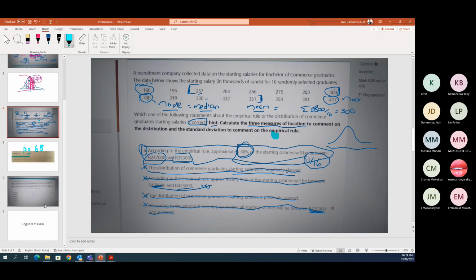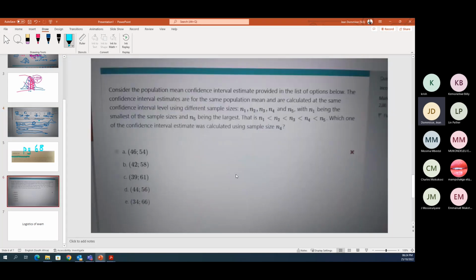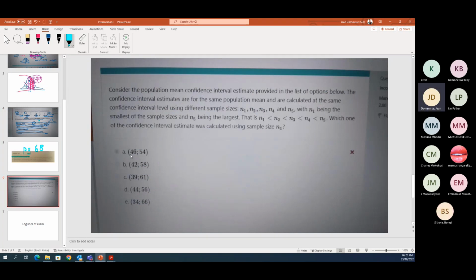Okay, so then the third question was about looking at the information that they give us, and they ask us to guess what the interval will be.